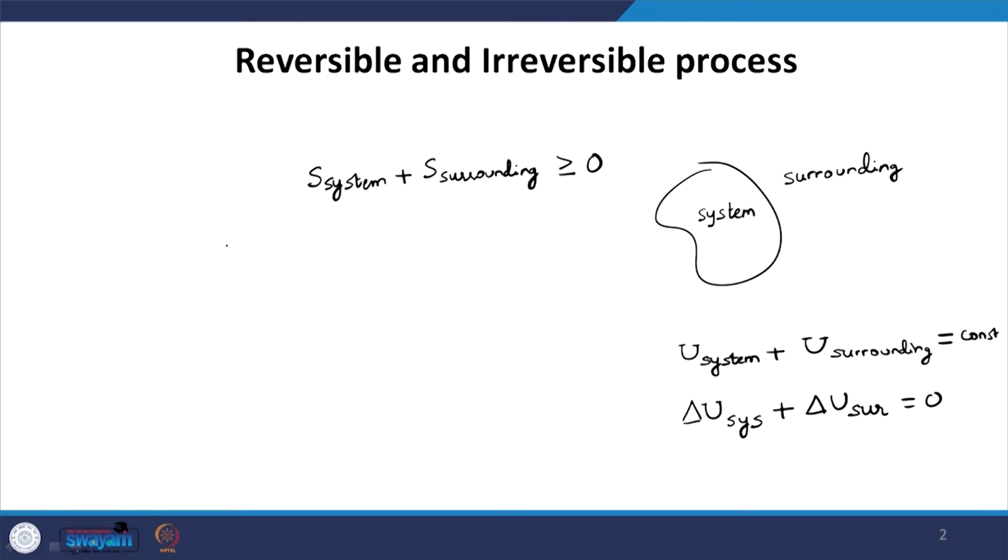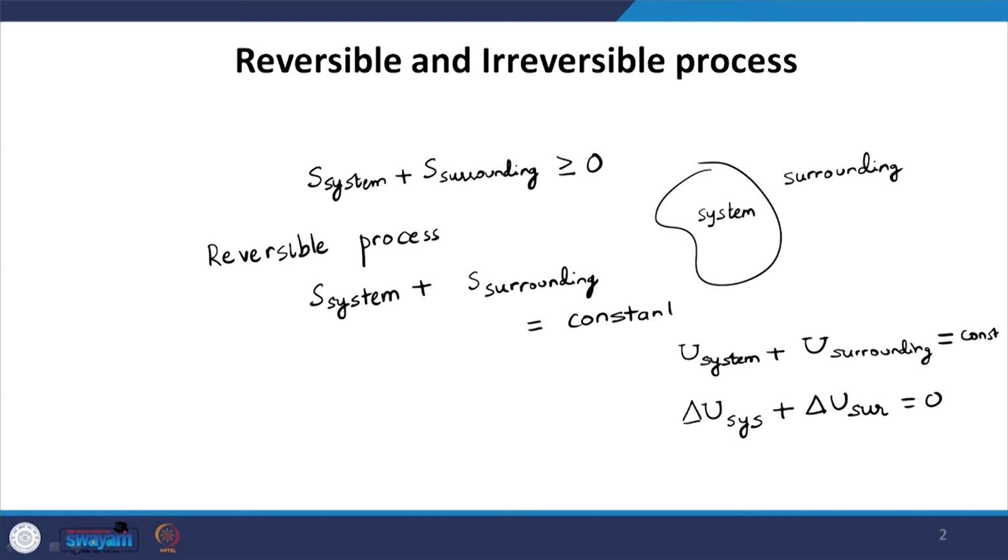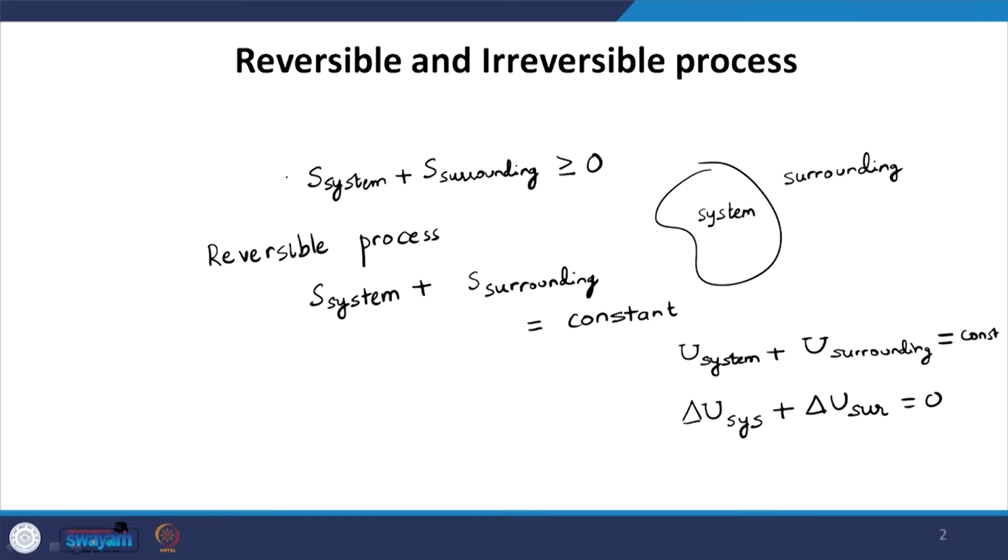So, essentially for a reversible process, we have S system plus S surrounding is equal to a constant value, and we always talk about changes in the entropy. So, more precisely the previous expression would be delta S system and delta S surrounding, where we always talk from a reference state when we define a process.